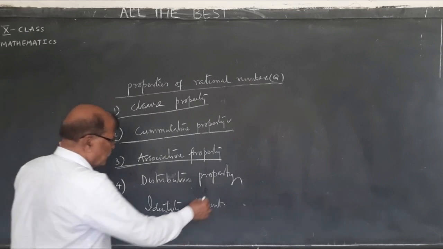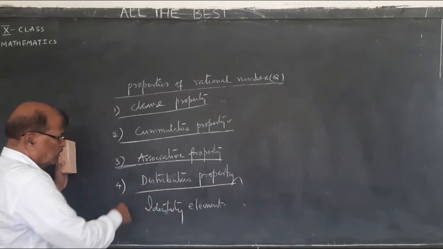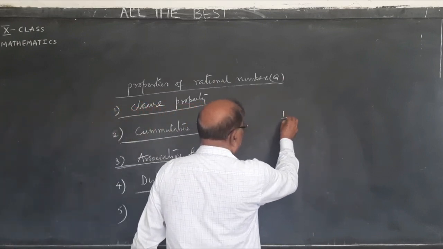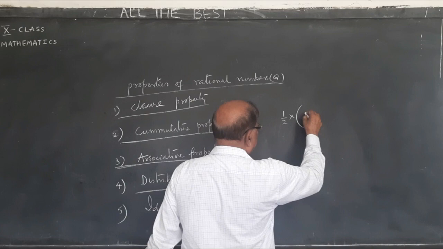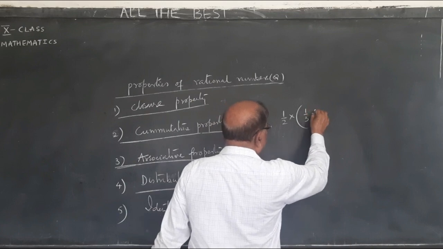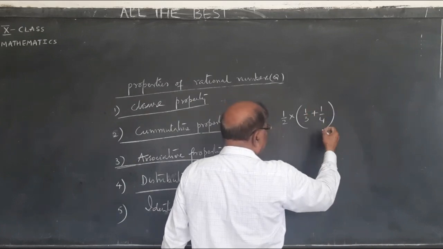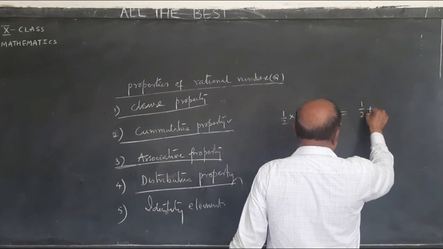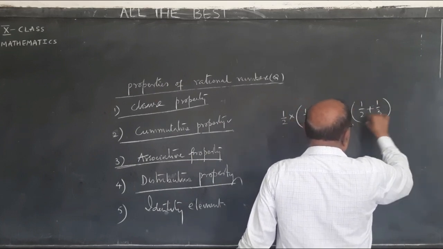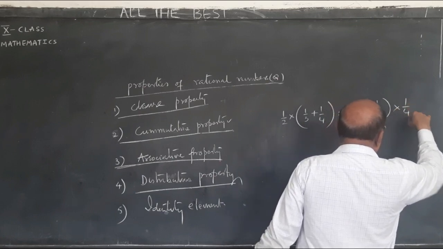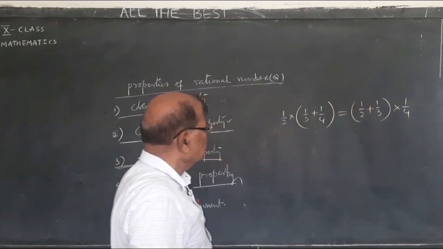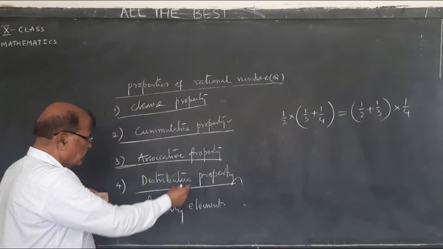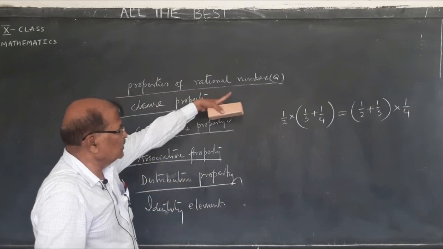Now the distributive property is like this: 1 by 2 into (1 by 3 plus 1 by 4) is equal to (1 by 2 plus 1 by 3) into 1 by 4. If you get the same result, we can say that the distributive property holds good in the set of rational numbers.